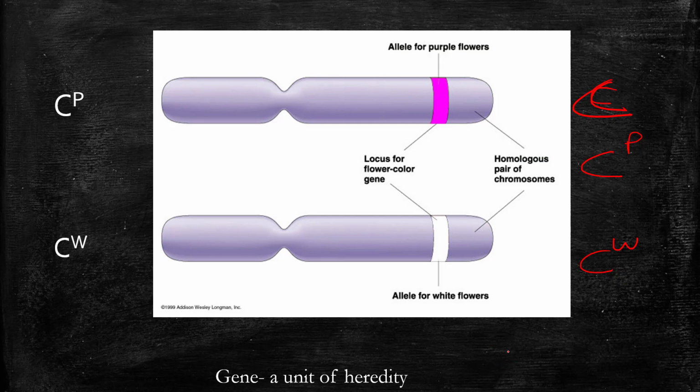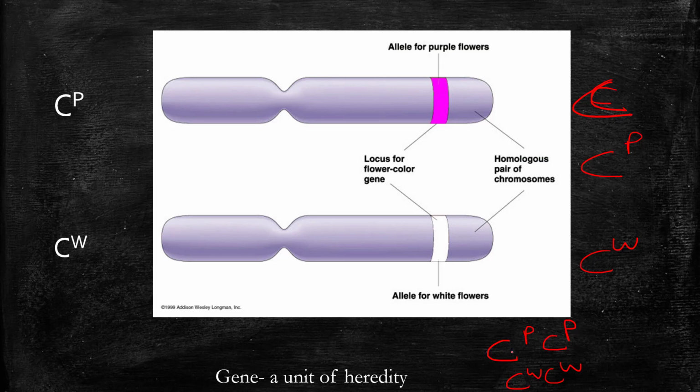Now, this leads to our phenotypes. So these are alleles: purple color or white color. Genotype, in a diploid individual, is what two copies you have. So if you are CP CP, you're going to have purple flowers. If you are CW CW, you have white flowers.